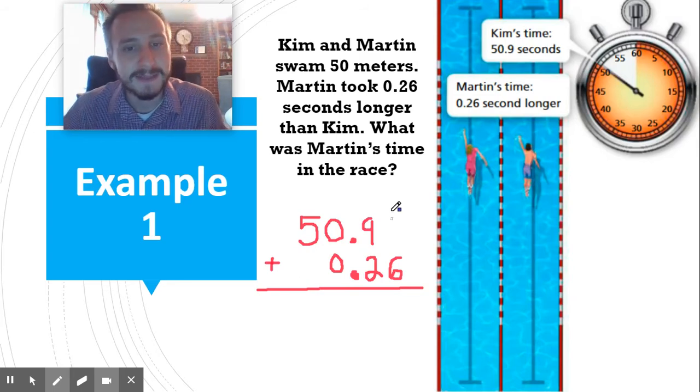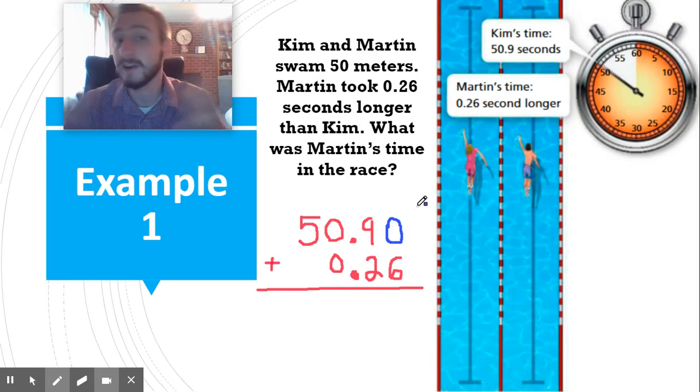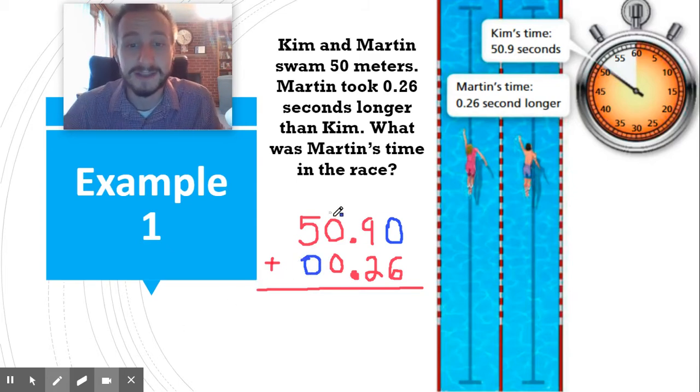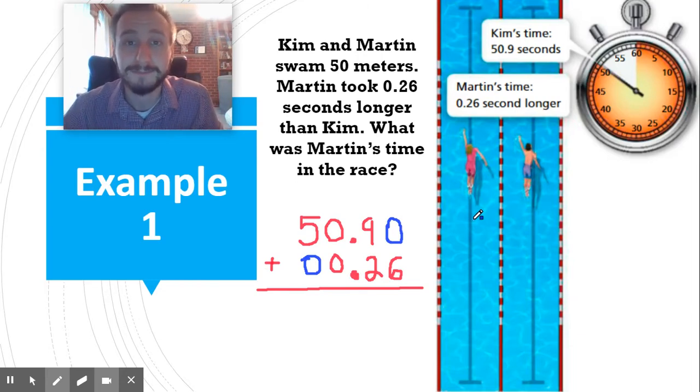When you see these blank spaces, it's okay. What you can do is add in a 0 because there's nothing there. 0 is just a placeholder for nothing. So you can add these zeros here and it'll make it a little bit easier. Now it looks nice and organized. Your decimals are lined up, the place values are lined up, and we can just do a simple addition problem.